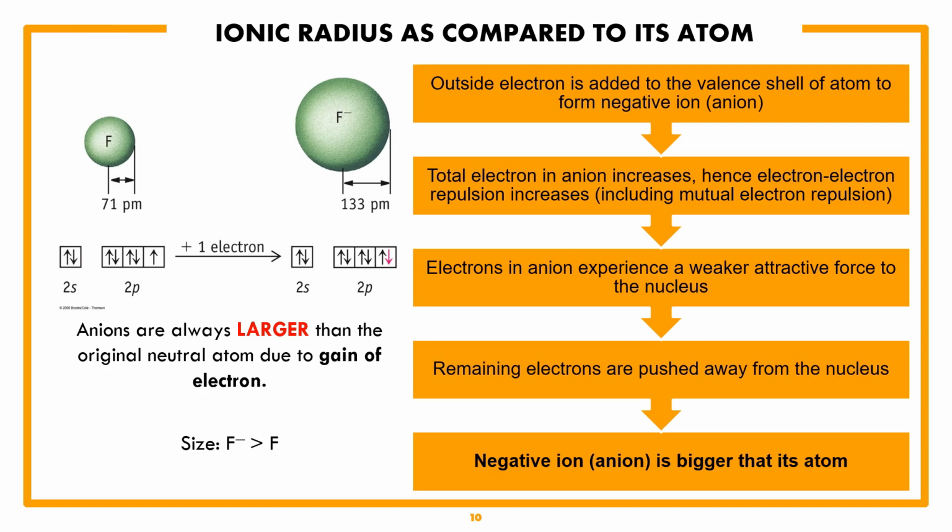So, in fluorine, we have 2s2 2p5 valence electronic configuration, meaning that in the fluorine atom, we have as much as 7 valence electrons. After fluorine accepts 1 electron to achieve octet stability, the new electronic configuration for F-, which is the anion, will be 2s2 2p6.